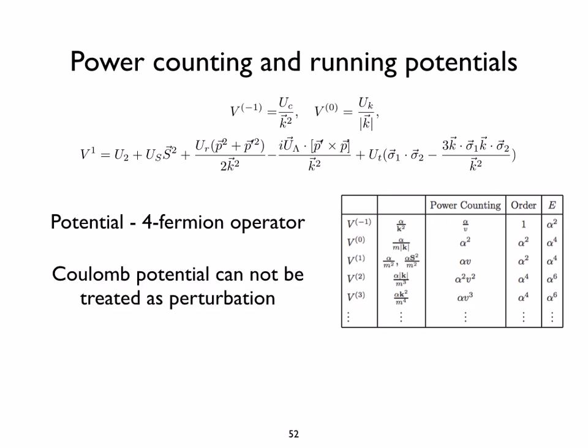So we can see that the Coulomb potential is of order 1, that's why it cannot be treated perturbatively, and it has to be solved to all orders by the solution of the non-relativistic bound system problem.